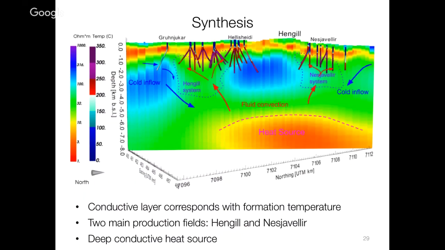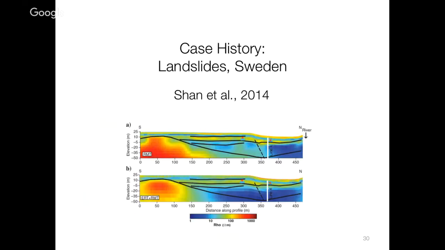So what this did is delineate two main production fields, and the deep source as a conductor. It looks like a really nice example for the use of modern MT as well as inversion. And that is probably a good place to leave it for coffee. While we have coffee, then I'll have a group photo.